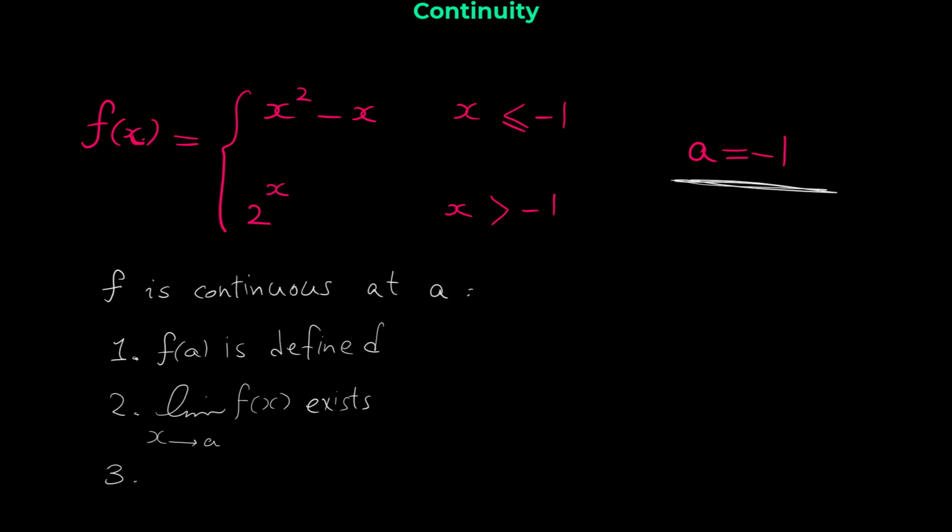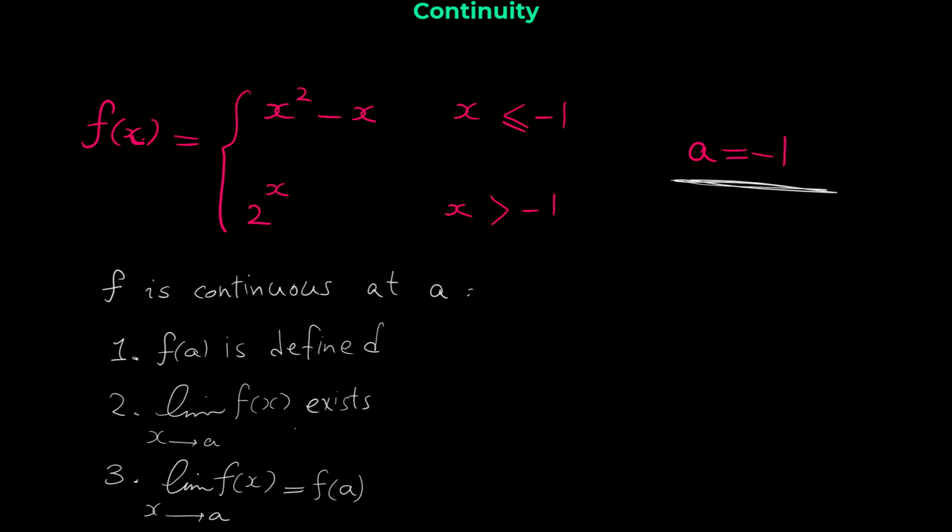And finally, the third condition is that the limit of f of x when x approaches a must be equal to f(a). So f(a), the value of the function at point a, should be equal to the limit of the function at point a.